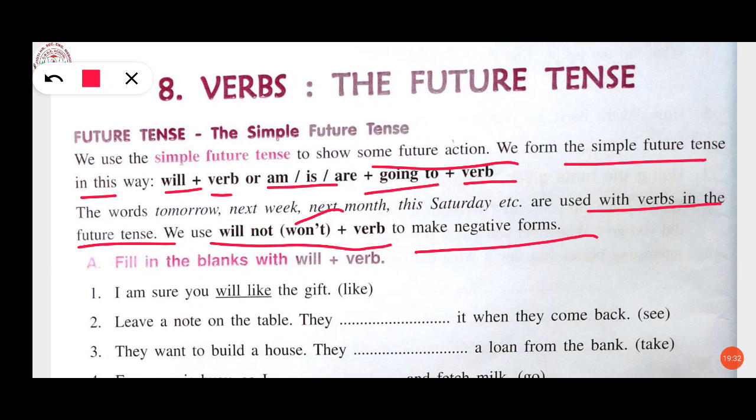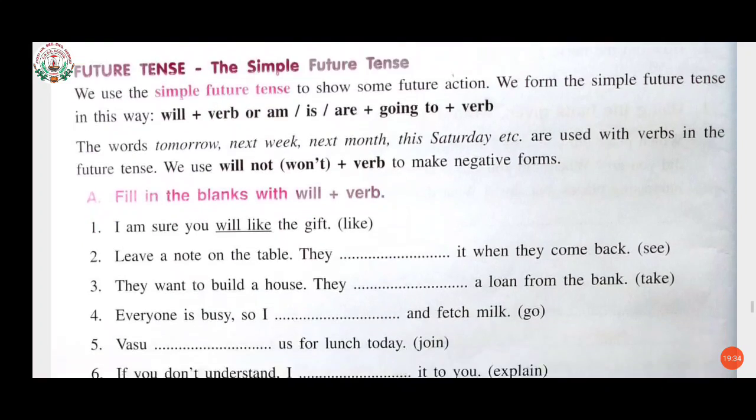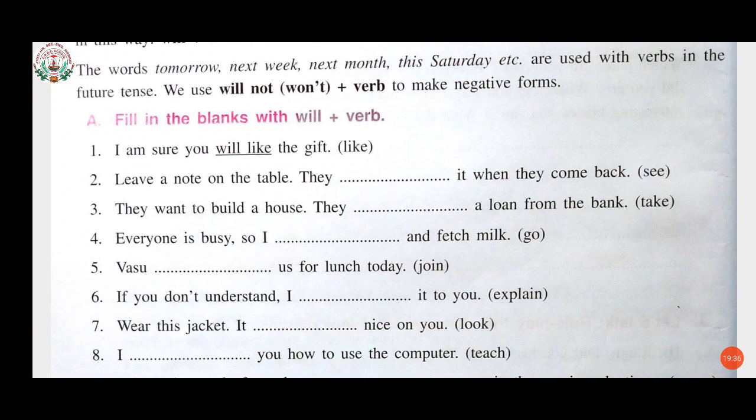So see the first one, what it is given, I am sure you will like the gift. Second, leave a note on the table, they dash it when they come back. Like students, what we were doing previously in past tense, we were changing the words that is given in the bracket.